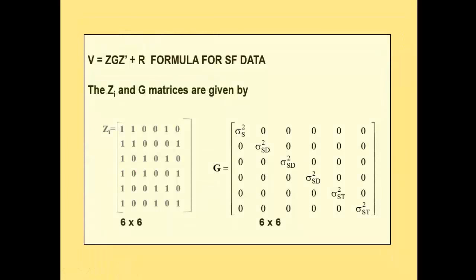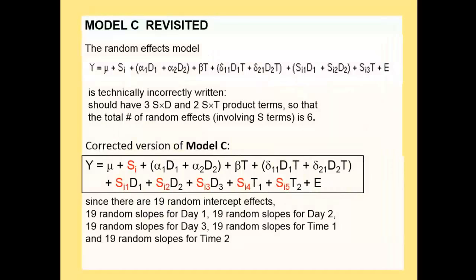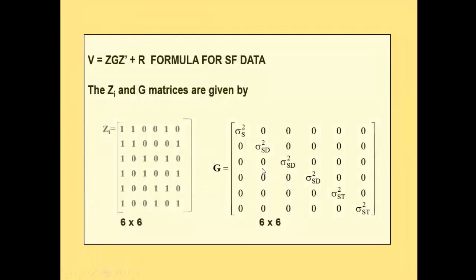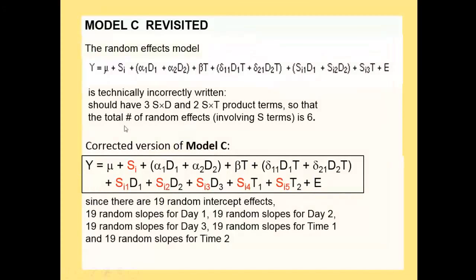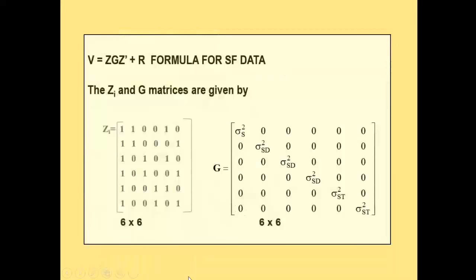For the model that I've written down below on this page, this is the corresponding Z matrix in ZGZ' plus R. But if I considered the Z matrix that corresponded to this other way of writing the model, I would leave off 2 columns from this matrix.